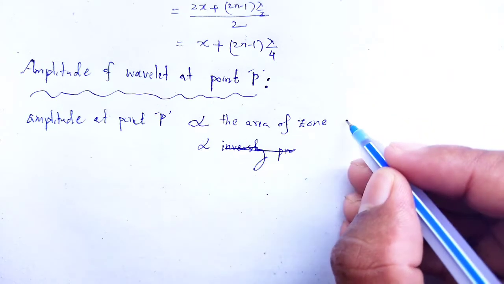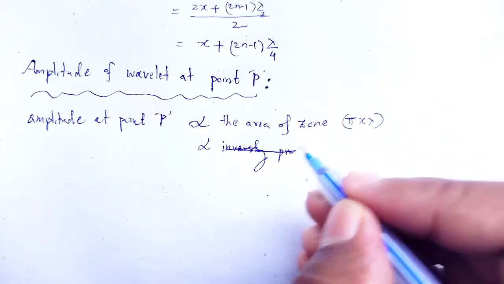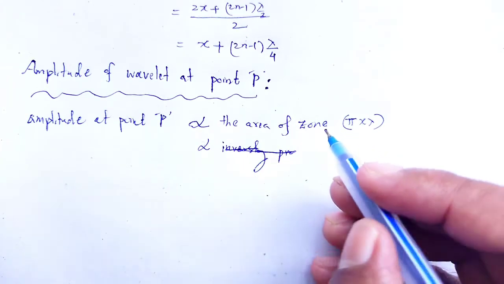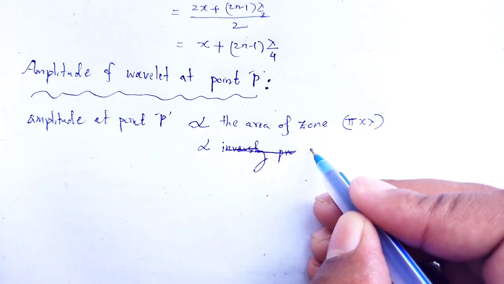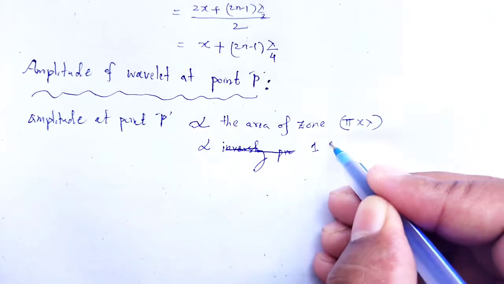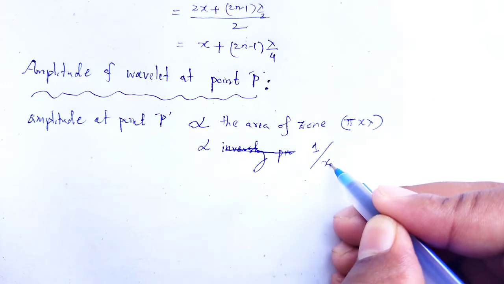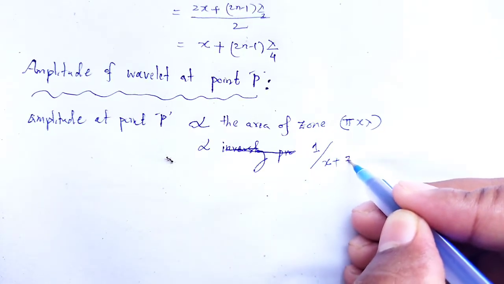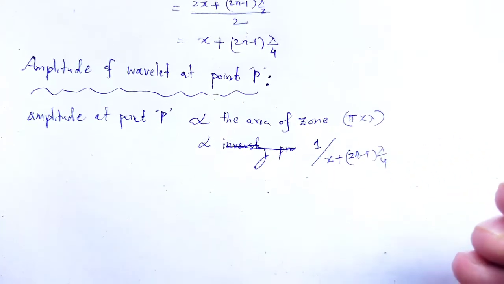Here the area of the zone is pi x lambda. It is inversely proportional to the distance of the zone from that point, which is 1 divided by x plus (2n minus 1) lambda by 4.